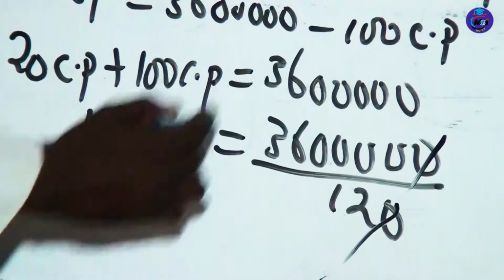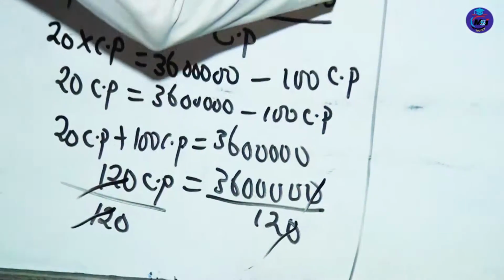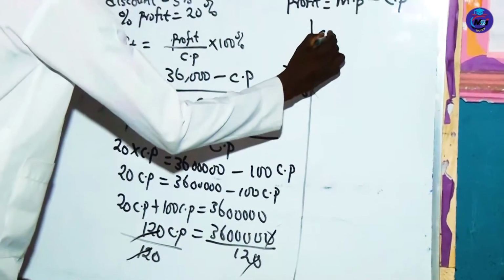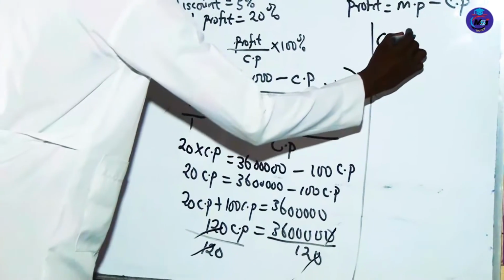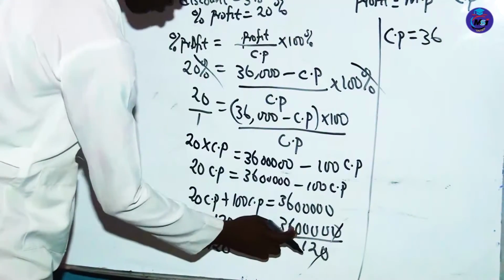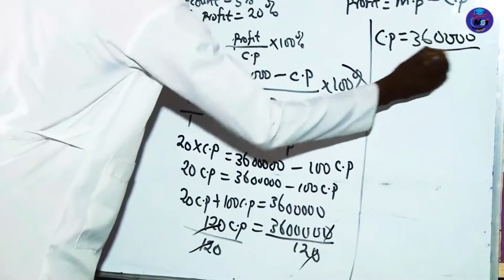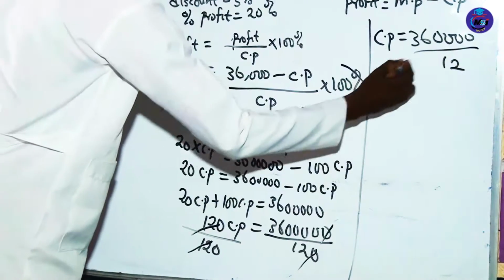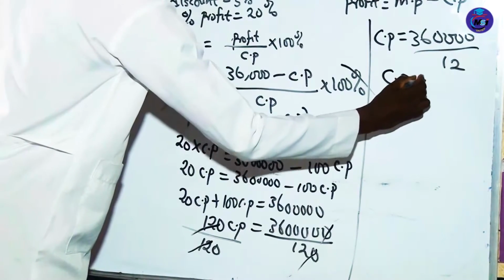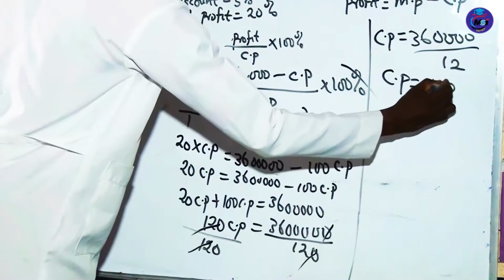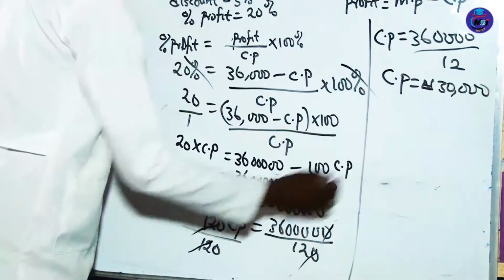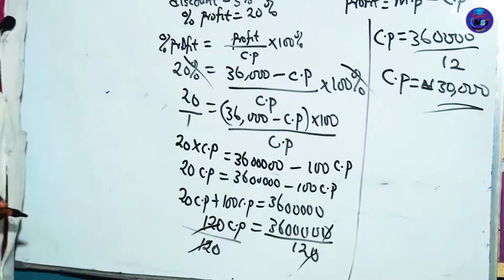Then CP is going to give you 3,600,000 divided by 120. So this CP will give you 30,000 naira. Okay, so that is CP.